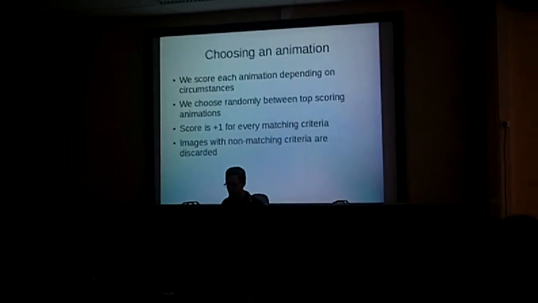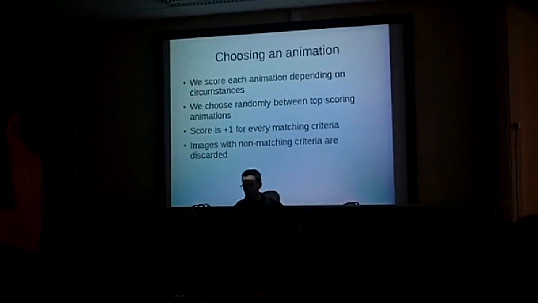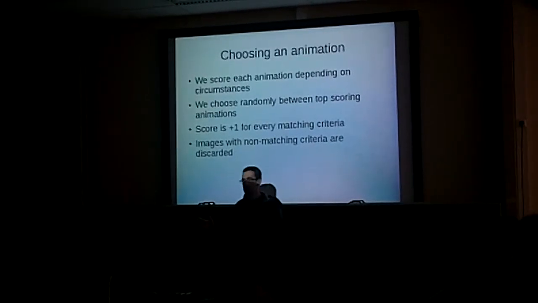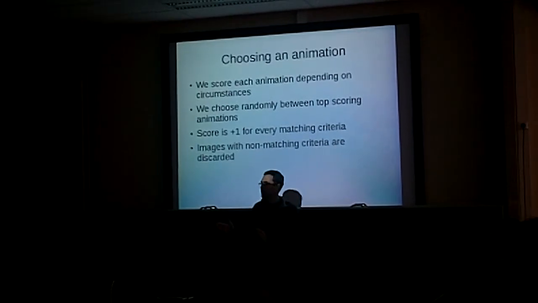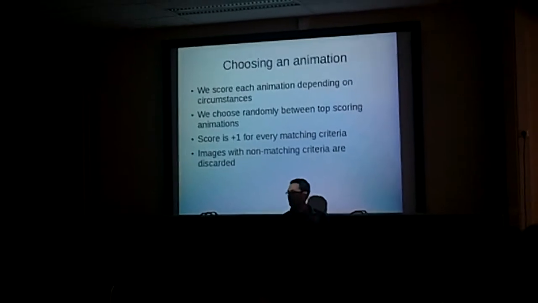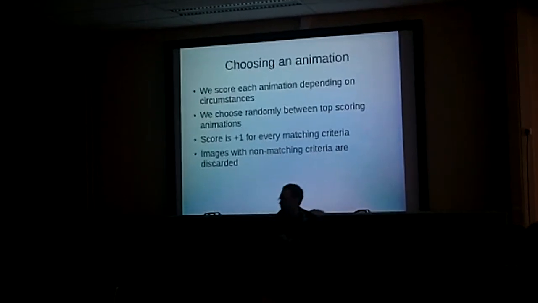So we take all the animations that could be played at this particular moment, and we give each of them a score. Basically, the score is +1 each time you match one of your criteria, and the animation is entirely discarded when you don't match a criterion. So a criterion can have 3 states. It matches, it does not match, it's not here.